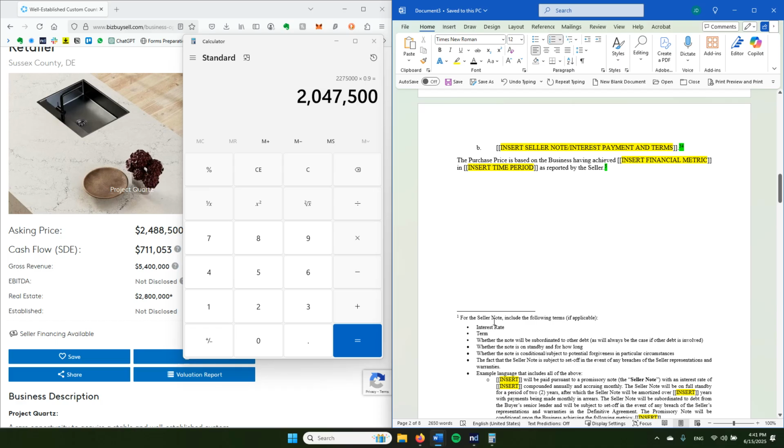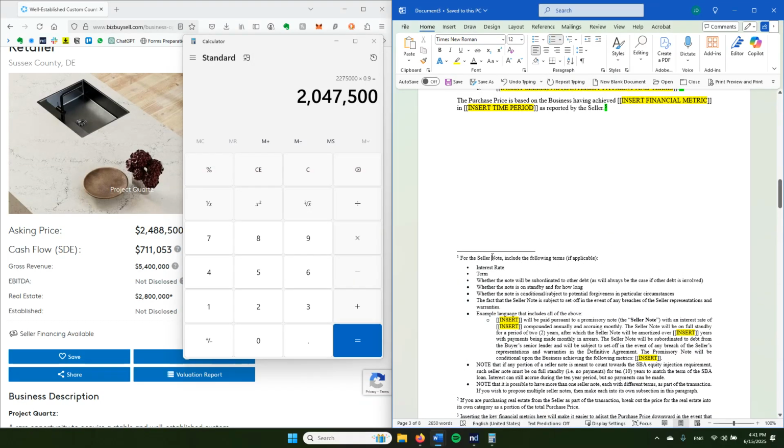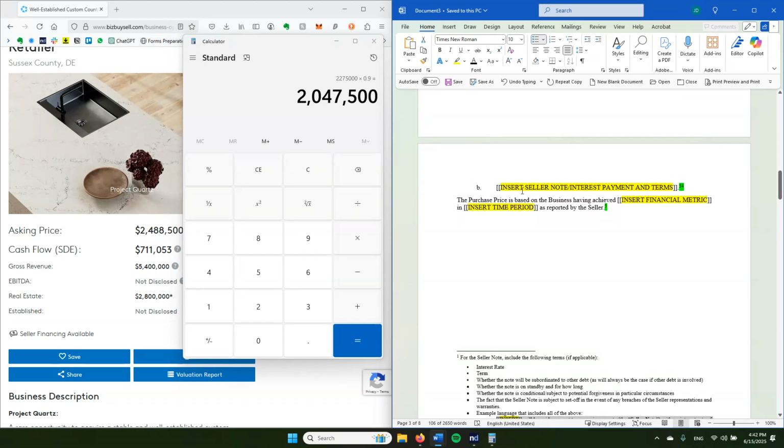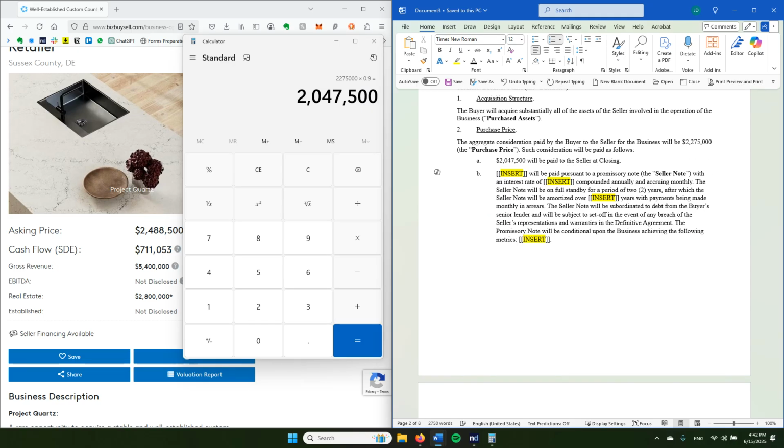And then, all right, now we've got the footnotes. So here we go. For the seller note, include the following terms. So I'm just going to pull this out. Just going to go up here. I don't know why the formatting did that. We'll fix that.